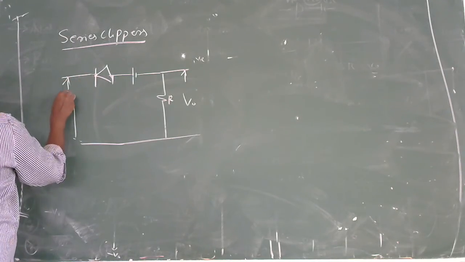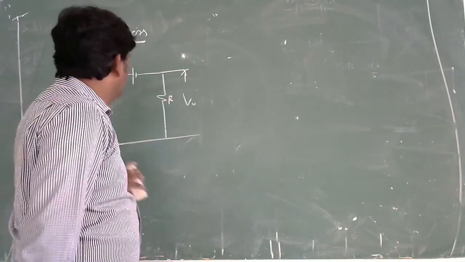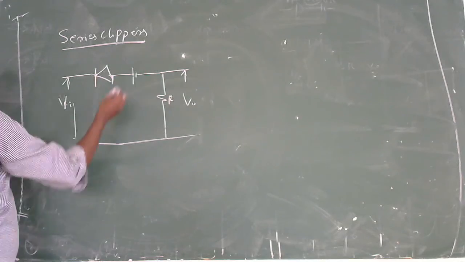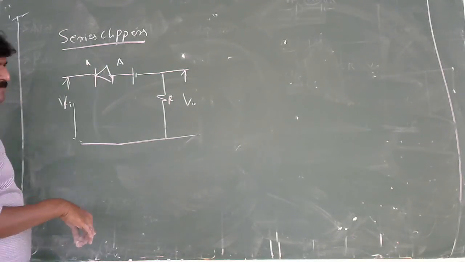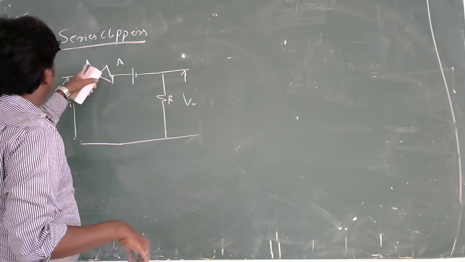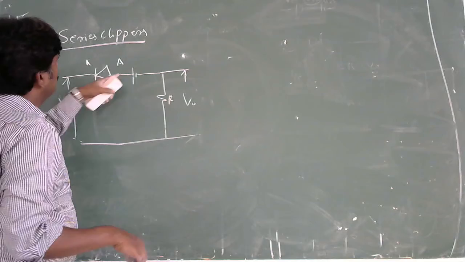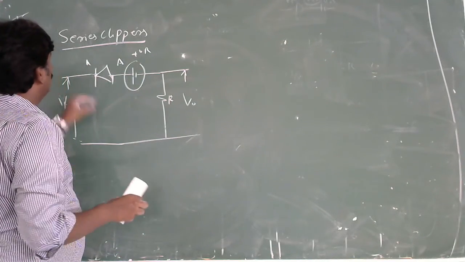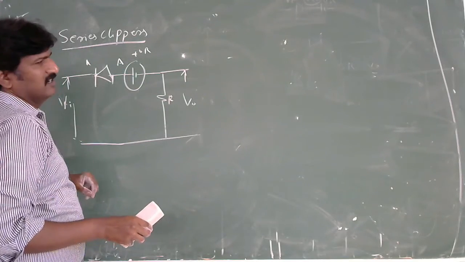Now, how will the diode function? Here it is very simple to understand. This one is the anode voltage, this one is the cathode voltage. If the anode voltage is greater than the cathode voltage, the diode will conduct. Here the anode voltage is the plus V reference voltage. It means you have to keep the cathode voltage lesser than plus V reference, then the diode will conduct.